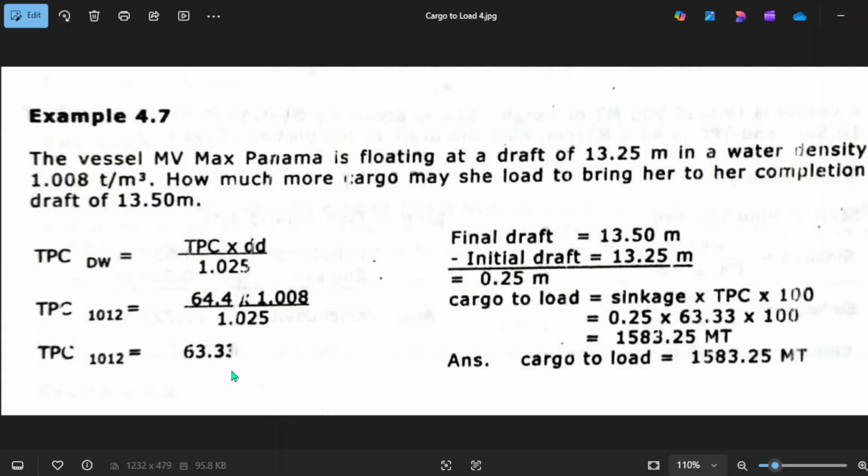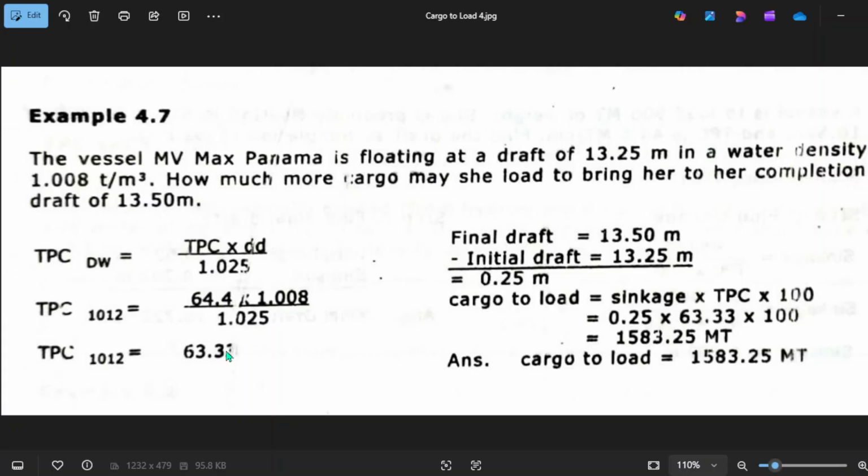Now take note, the TPC of 1.008 is more than the salt water of 6.33. Why? Because this is salt water. That's why you have less TPC here, because you came from density of 1.008 and you will go to 1.025.